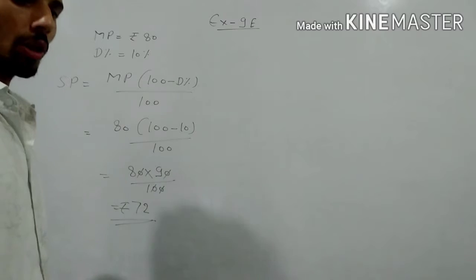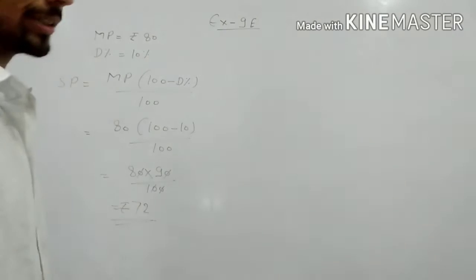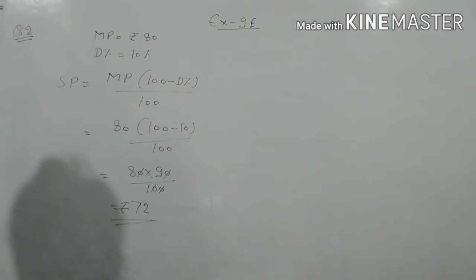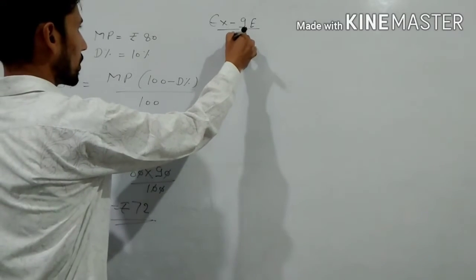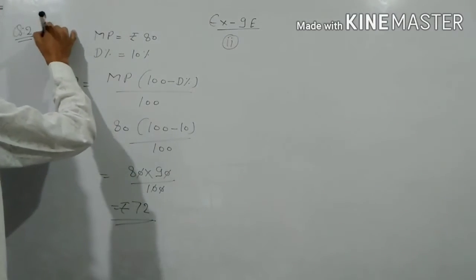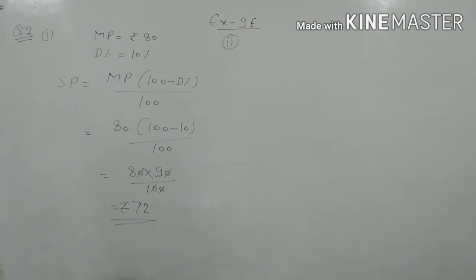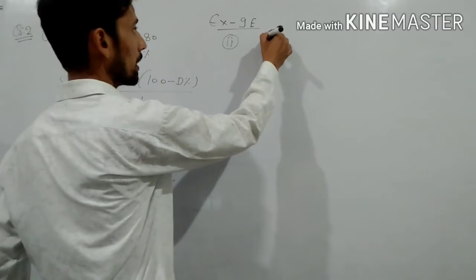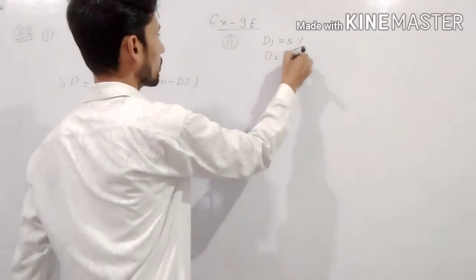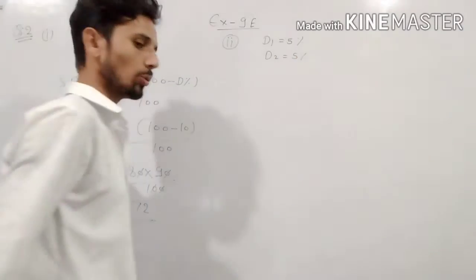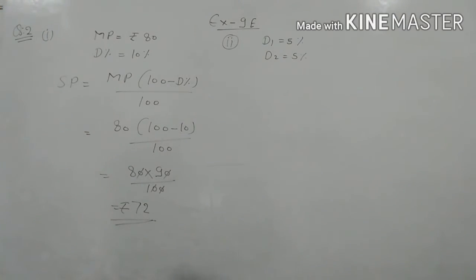Two successive discounts of 5% each. Second part of this question. There are two discounts. D1 is equal to 5% and D2 also 5%. So we have to find SP.